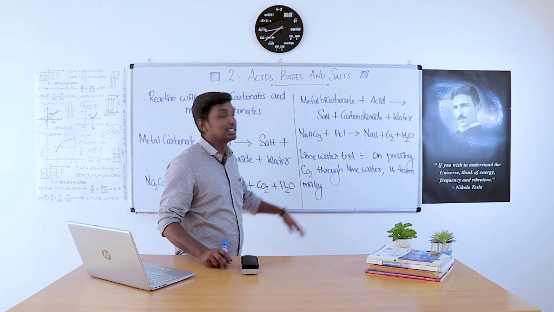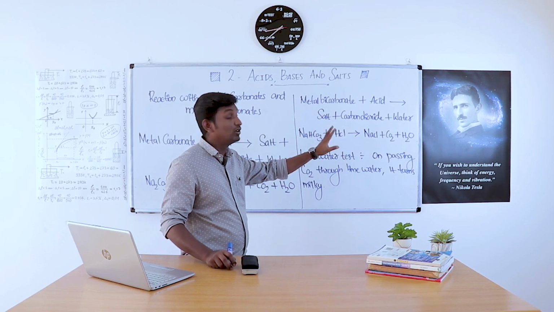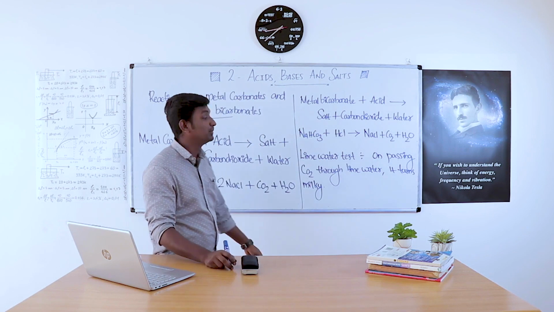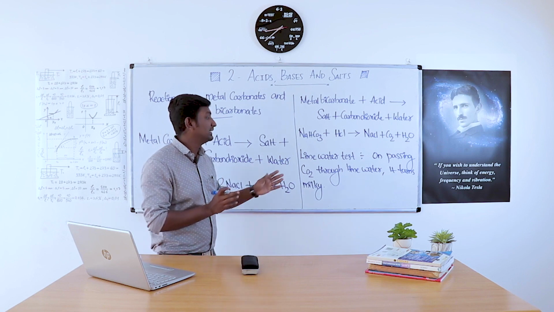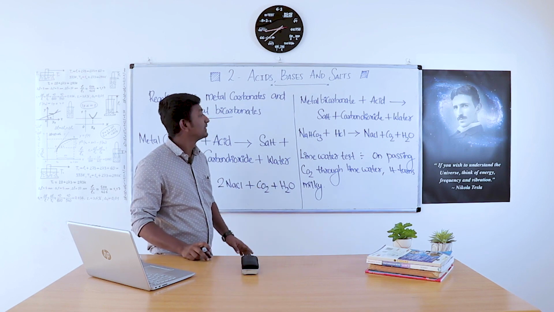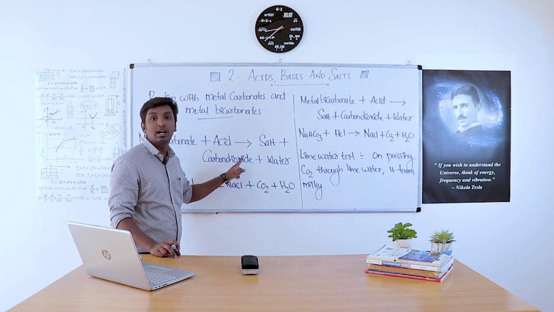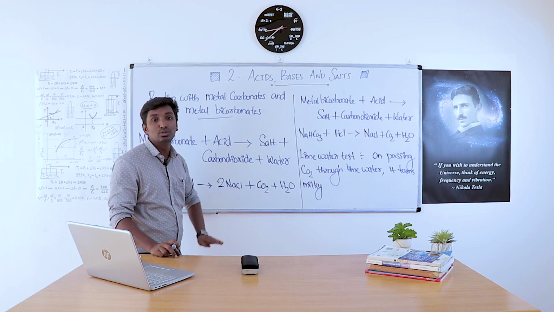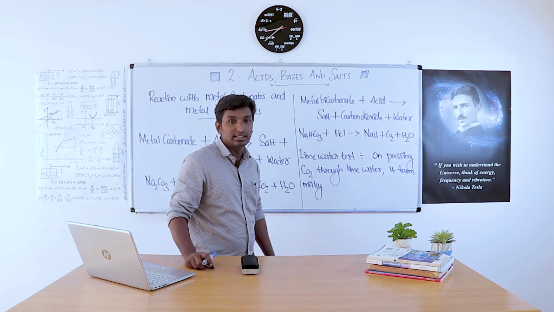What is the lime water test? The carbon dioxide formed is passed through lime water. If it is carbon dioxide, then the lime water turns milky. So during this reaction, we know that carbon dioxide is formed. How is it checked?